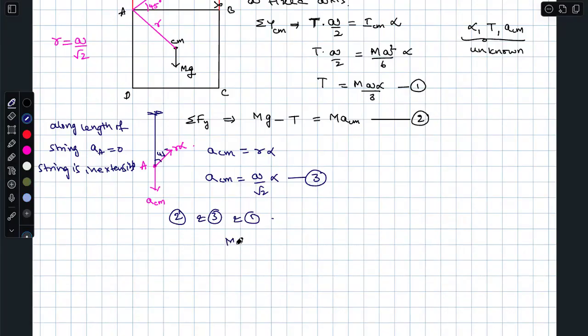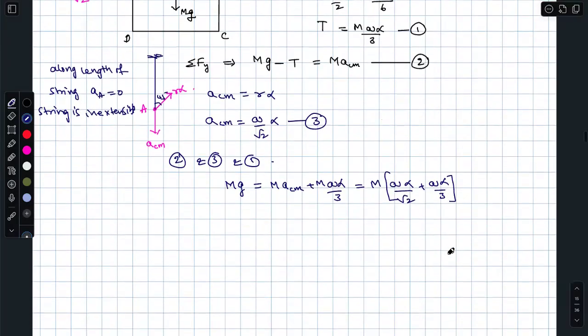So 1 and 2 gives mg is equal to MACM plus MA alpha by 3, M times ACM, A alpha by root 2 plus A alpha by 3. Right. I think I am very clear on this, but please confirm if I am wrong anywhere.